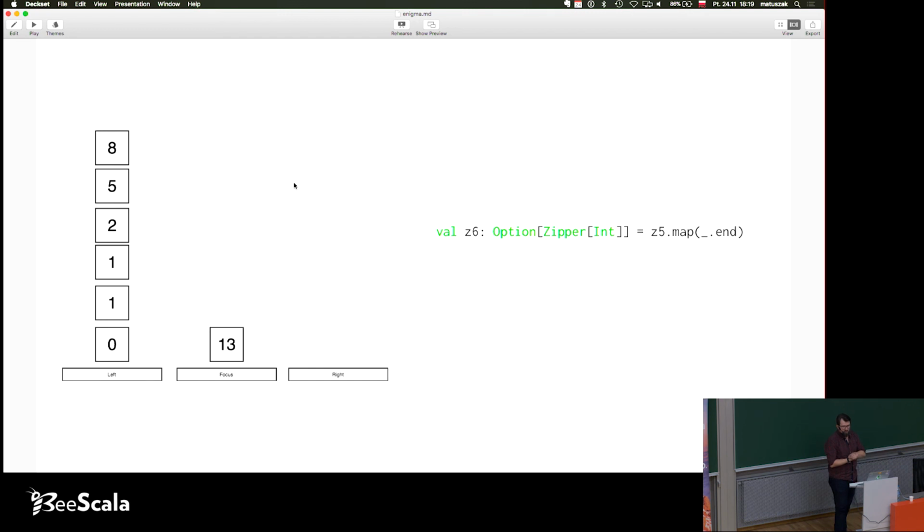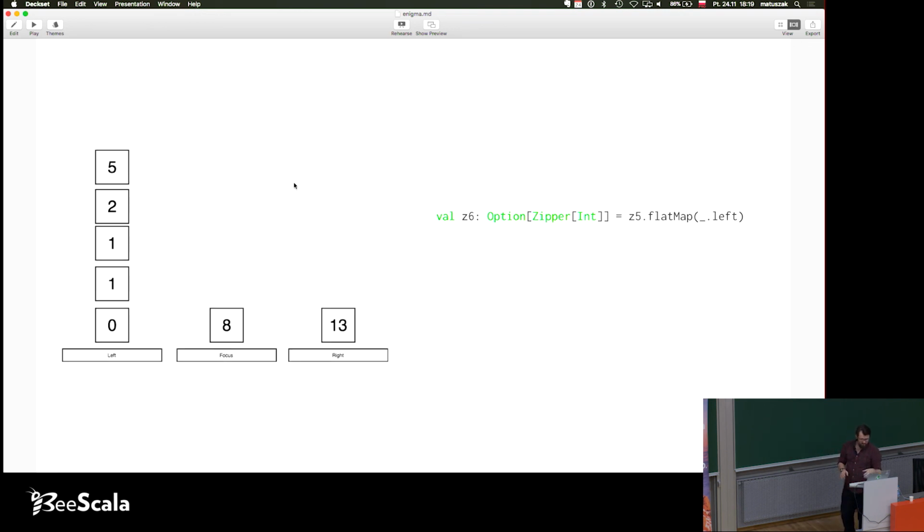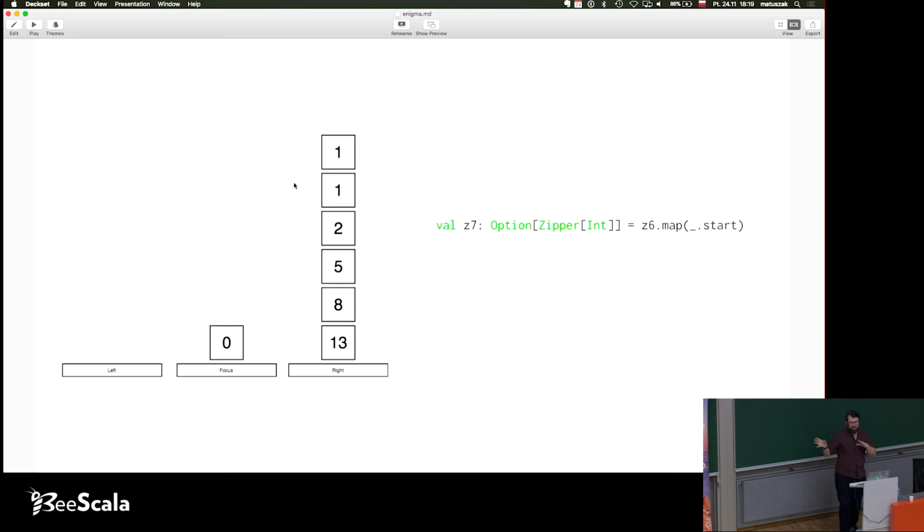We have a method called end, which will push all elements to the left, ending with the last element on the focus. And we can have left, and we can move to start. So we will go to our initial object, but without the 3, which we deleted at some point.